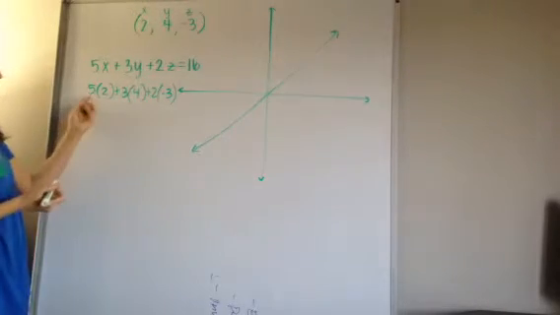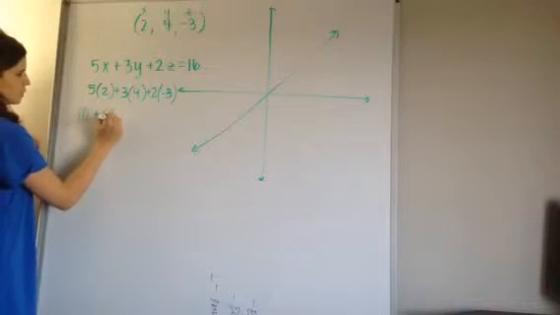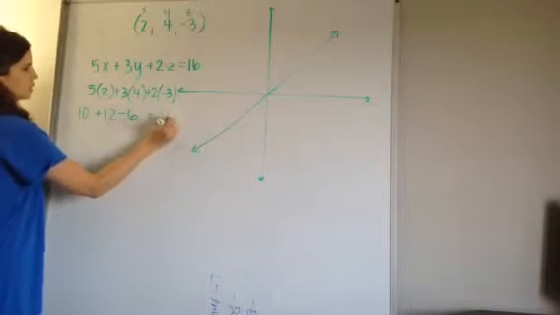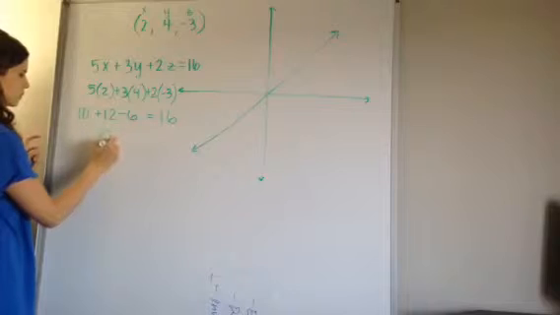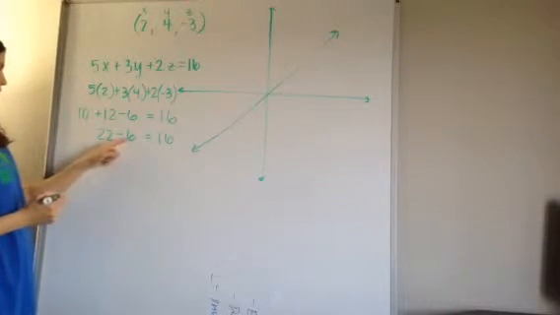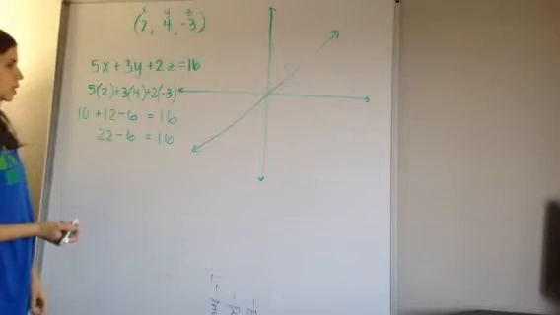So 5 times 2 is 10, 3 times 4 is 12, 2 times -3 is -6. Let's see, does that give us 16? So 10 plus 12 is 22, 22 minus 6, that's going to give me 16, yep, so then that worked.